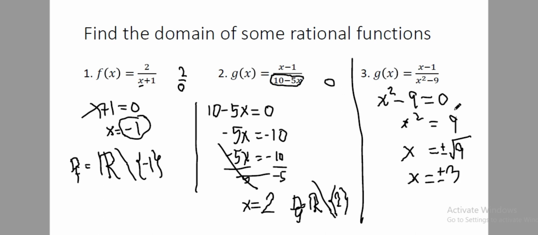So positive and negative 3. If you substitute positive or negative 3, the denominator will become 0. So therefore, the domain of g is the set of real numbers except negative 3 and positive 3.